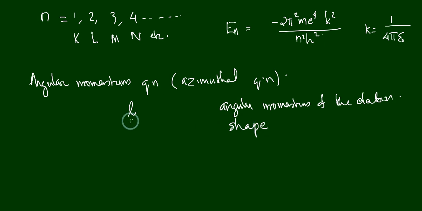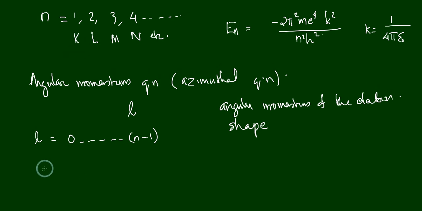So what are the possible values of L? L can have the values from 0 to n minus 1. So the values of L depend upon n. L can have the values 0, 1, 2, 3, etc. up to n minus 1.